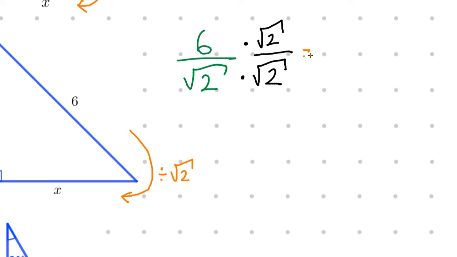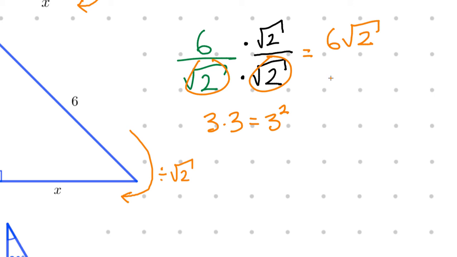When I do that, the top is now 6 square root of 2 because I just squished those together. But the denominator is going to have something interesting happen. If I have the same number twice, like if I had 3 times 3, that would be 3 squared. So if I have square root of 2 times square root of 2, that's square root of 2 squared.